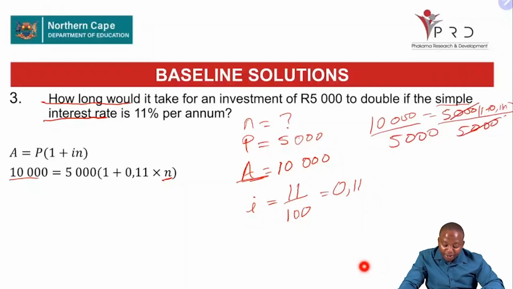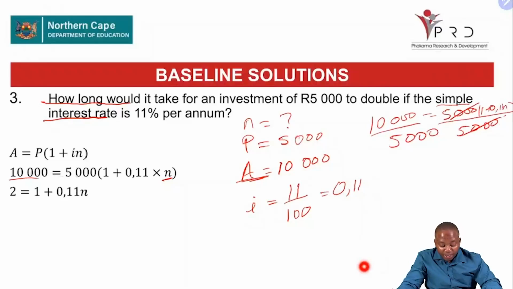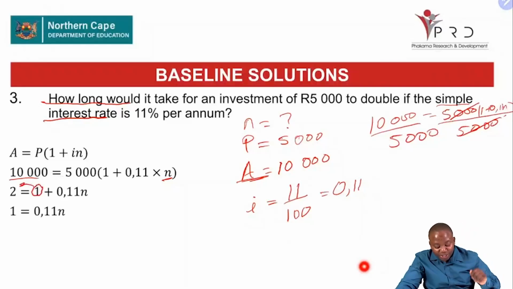When we divide by 5,000 on both sides, 10,000 divided by 5,000 gives 2. It is equal to, on the other side, those remaining in the brackets alone, so 1 plus 0,11 multiplied by n, so it's 0,11n. Now we solve for the unknown, n.